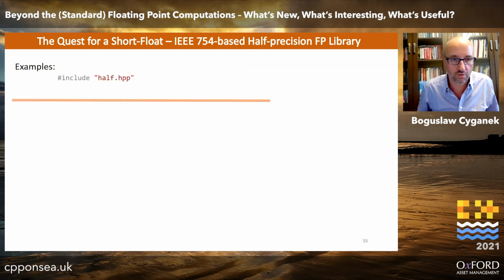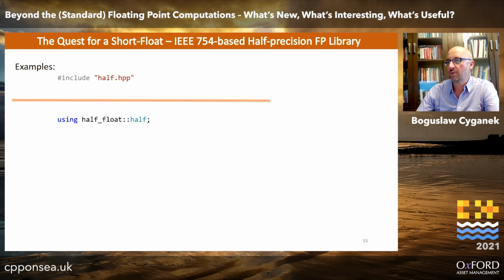So let's look at the examples. To use half, we need to #include half.hpp. This is an entirely header library. We can make an alias like here, and we can play with some computations.